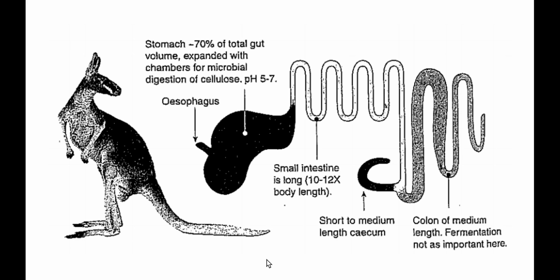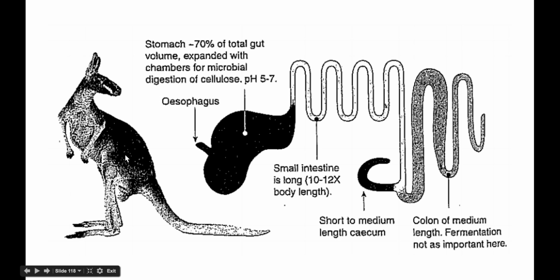A kangaroo is an example of a herbivore that undergoes microbial fermentation. As we can see here, the stomach is quite enlarged, and it makes up 70% of the total gut volume. The gut is the whole length from the esophagus through to the colon and the rectum.